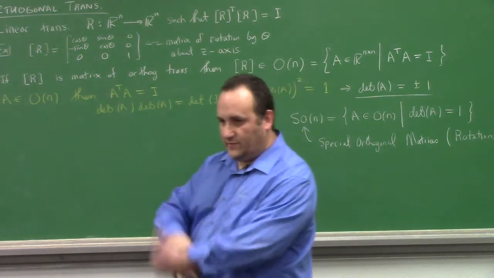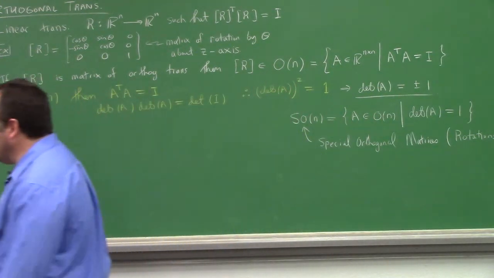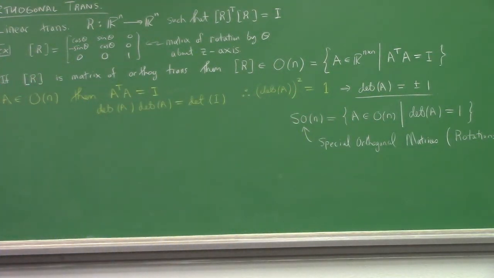The transformations corresponding to these matrices, rather, are rotations. So R, you said, was a rotation of theta. Yeah. Theta could be anything. I mean, any real number.